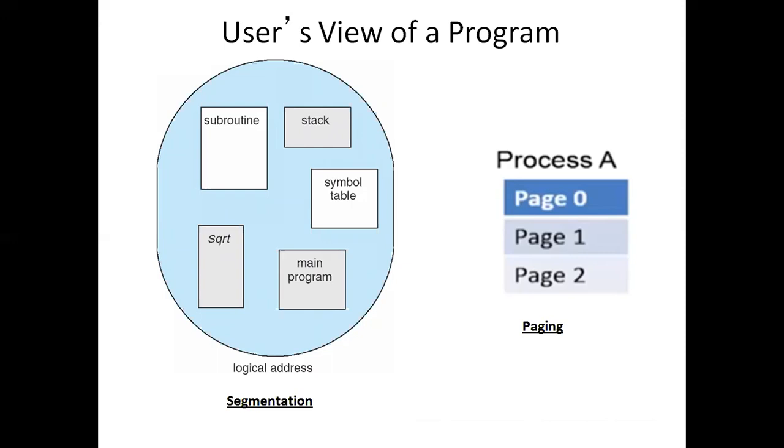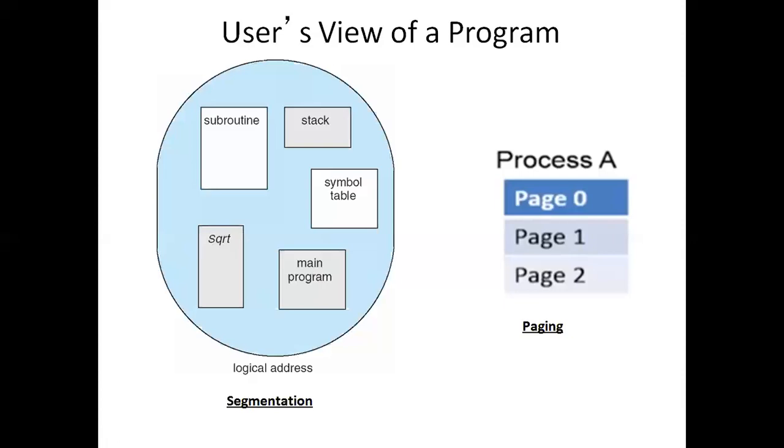When I restrict that the process has to be broken down into a particular size, you could have the header file and the main function over here, a few variables declared in this section and other variables declared in the next page. So you can see the paging concept doesn't divide the process in a very structured way.